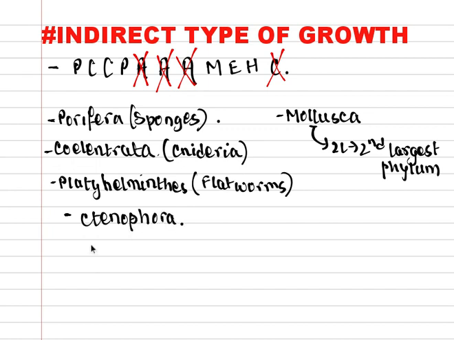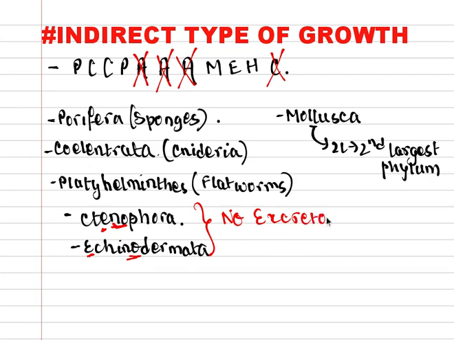Ctenophora are exclusively marine. Then the Echinodermata are also exclusively marine. Echinodermata and Coelenterata have a very common link. If you pay attention, you will find they both have the word "no" and the letter E. This means these are the two phylums which have no excretory system.